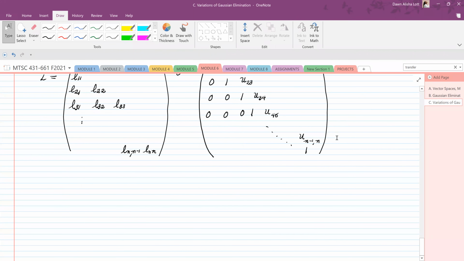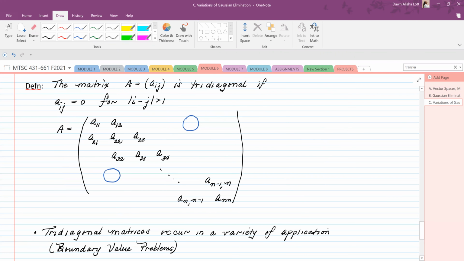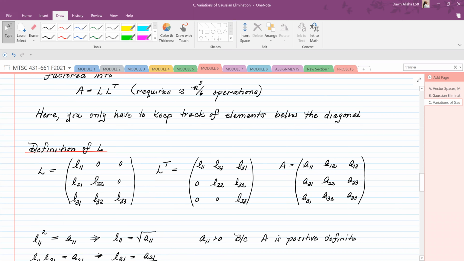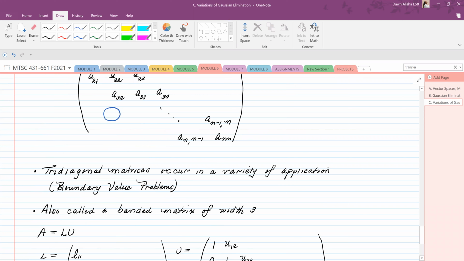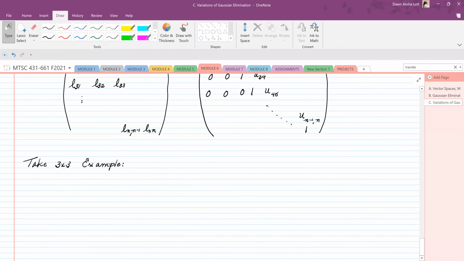Okay, all right, so we can take a 3x3 example, just like we did before. So A is equal to LU.